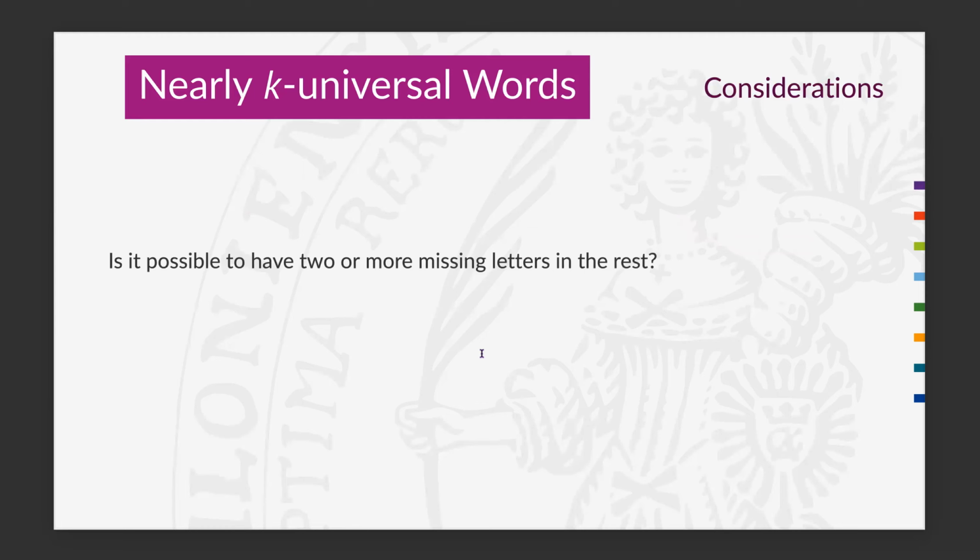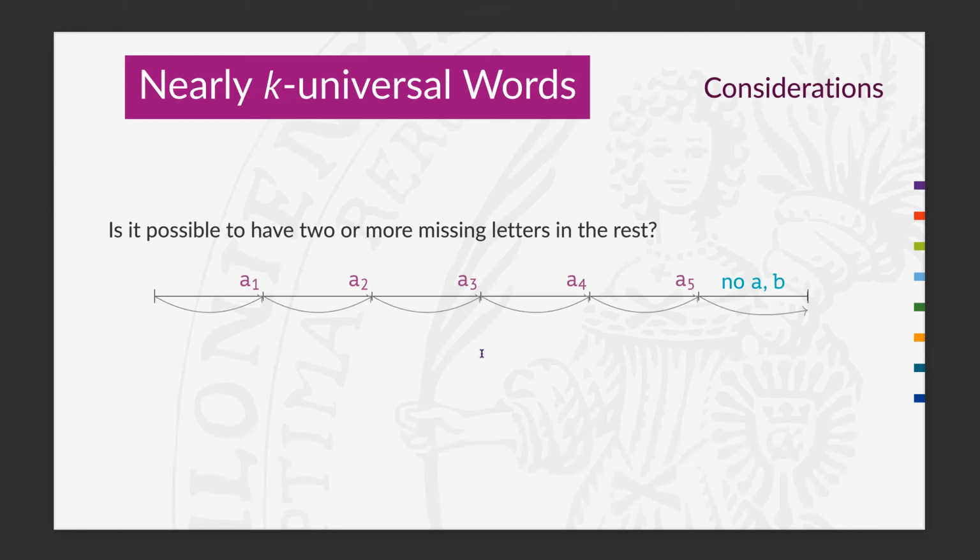Next thing which we had in the arch factorization is a rest. Is it possible? So we need a rest, otherwise we would be K minus 1 universal. So the question is it possible to have 2 or more missing letters in the rest? Okay, let's do it again. Now we have 5 arches, and we know that we need a scattered factor of length 6.